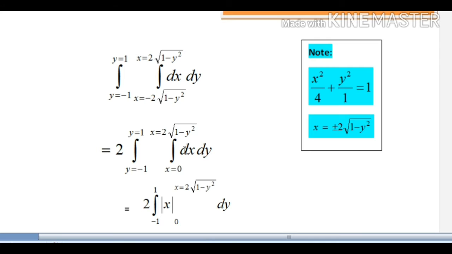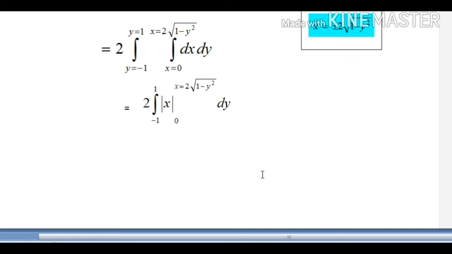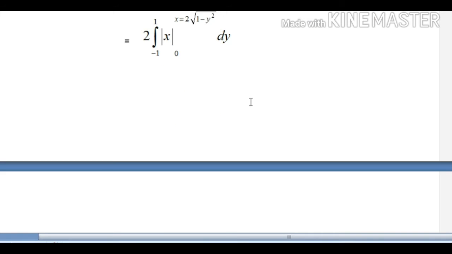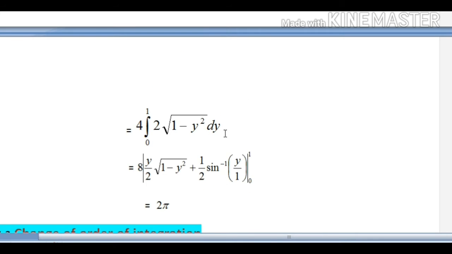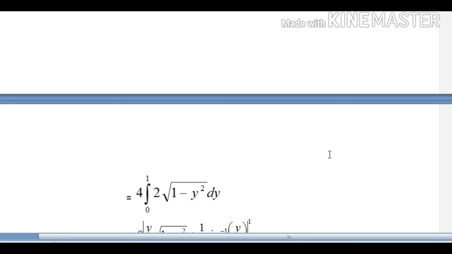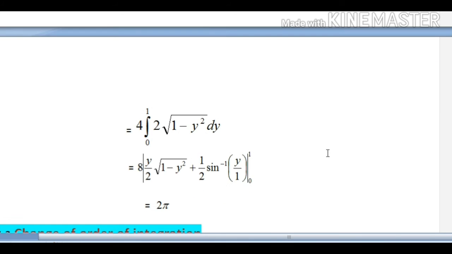So here the integrand is 1, which is an even function, that's why I have multiplied by 2. Now integrating 1 with respect to x, the integration of 1 is x, and apply limit 0 to 2 root 1 minus y square: put x upper limit 2 root 1 minus y square, minus put x lower limit 0, right?